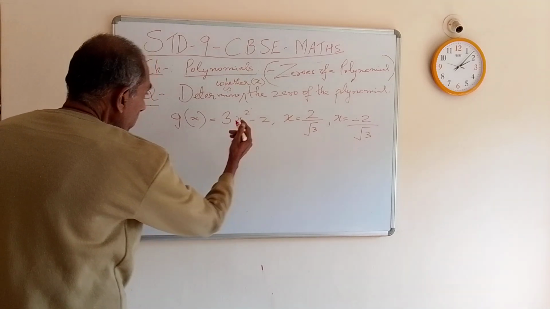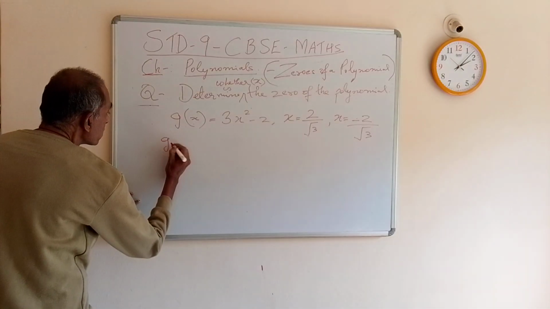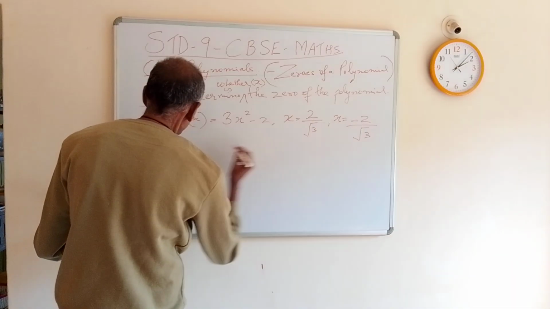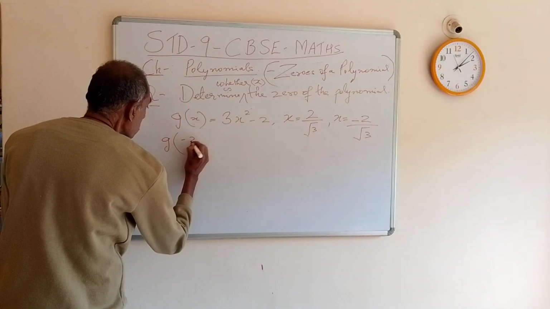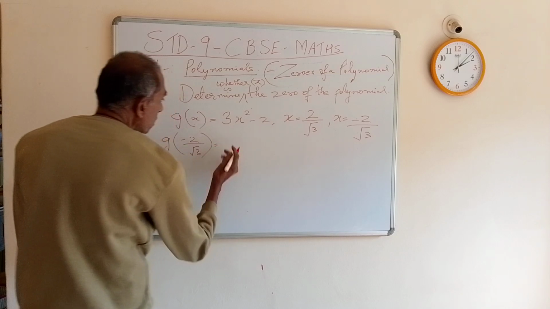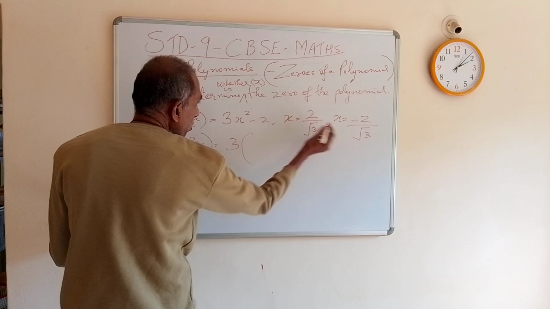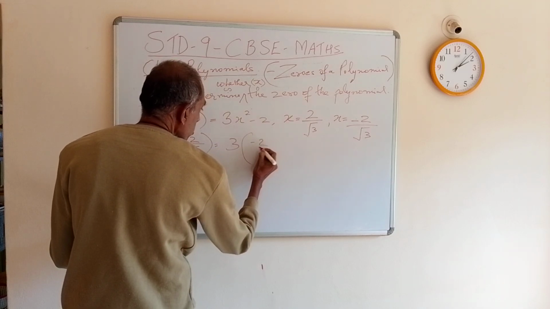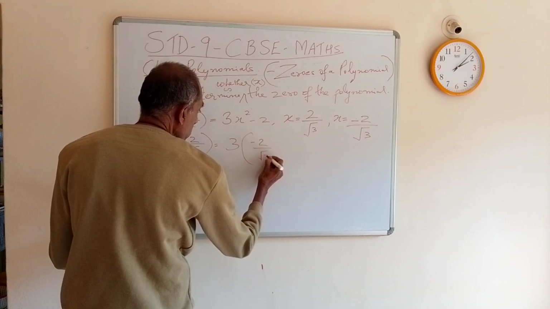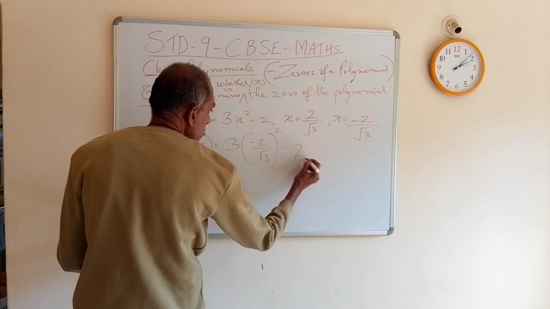Now we are taking again g(x) with x as minus 2 upon root 3. So that is equal to 3 into (minus 2 upon root 3) whole square minus 2.